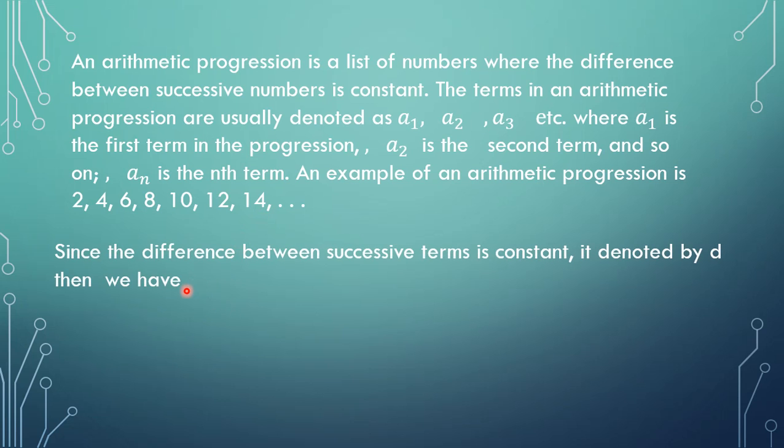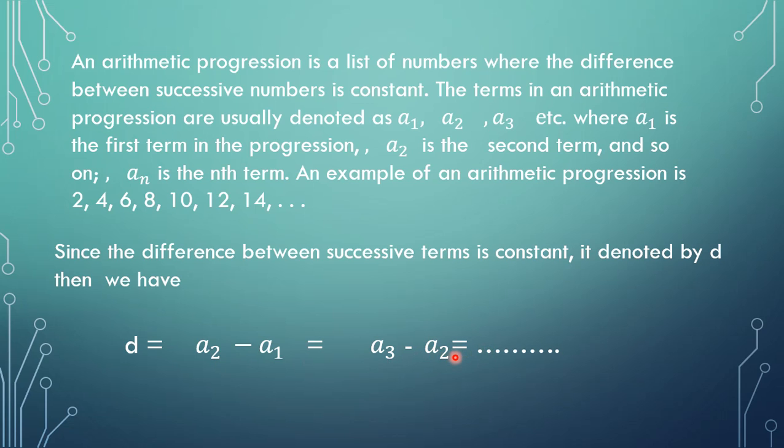So the difference, or we can say the common difference, is denoted by D and it is given by D is equal to A2 minus A1, A3 minus A2, A4 minus A3, like this.